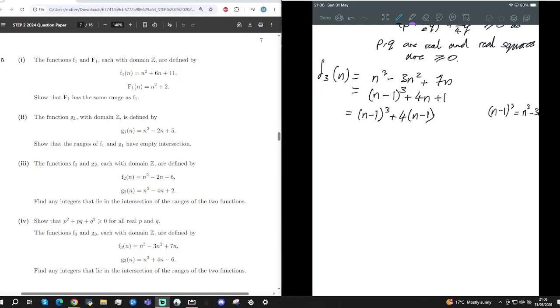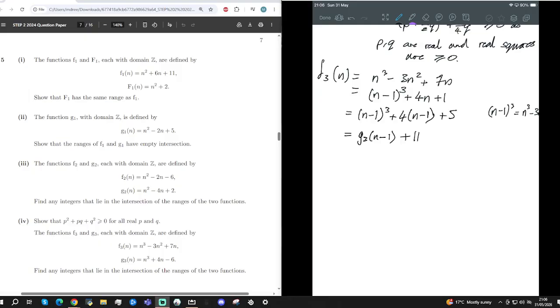But now this has a minus 4 on the end. I don't want minus 4, I want plus 1, so I need a plus 5. Well, this now we can say is g3 of n minus 1. But that has a minus 6 on the end, so I need to add 11.